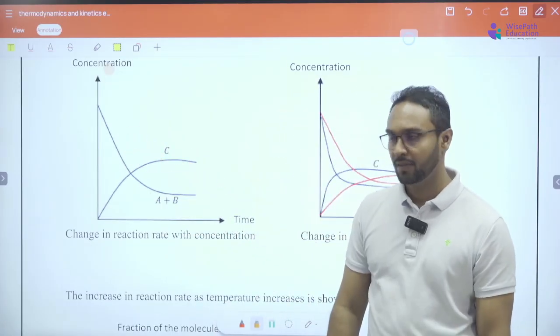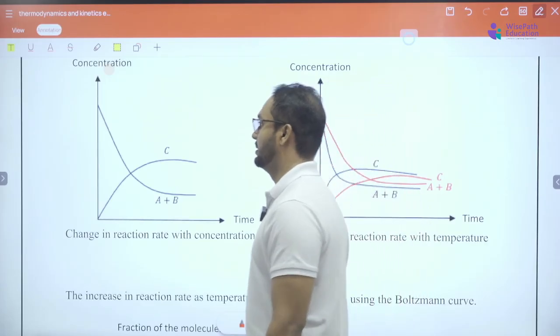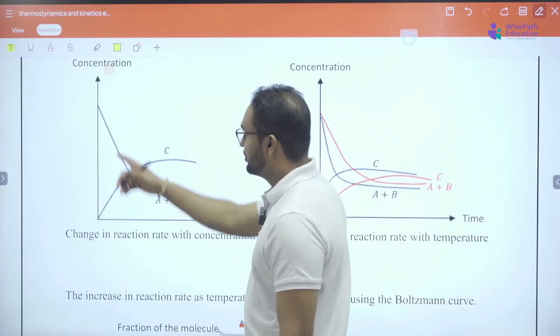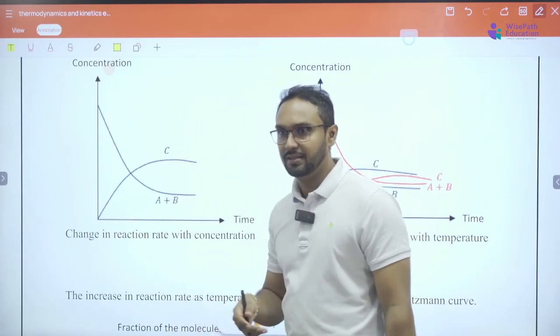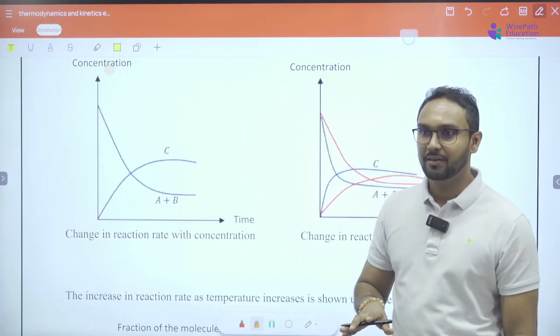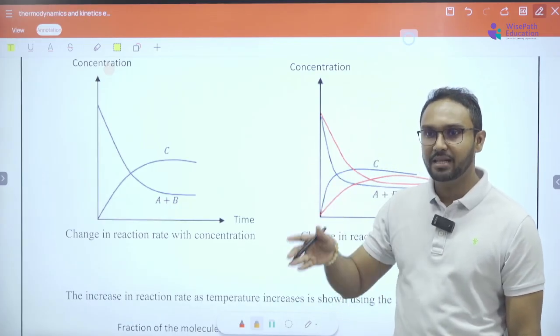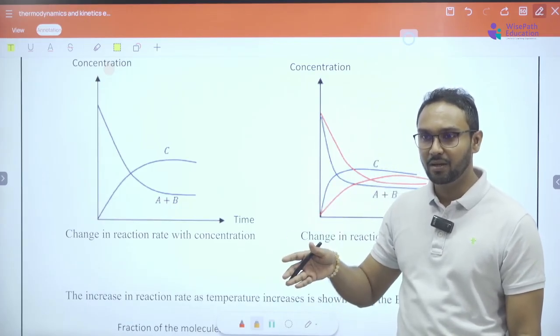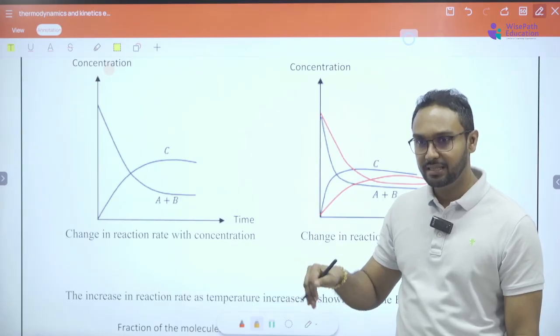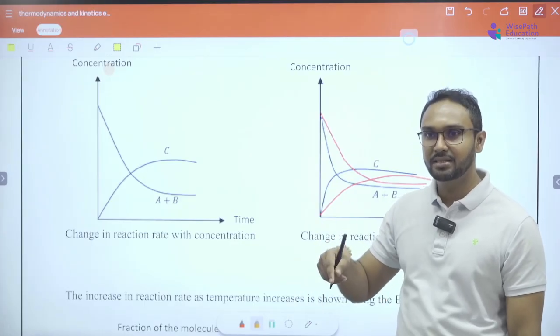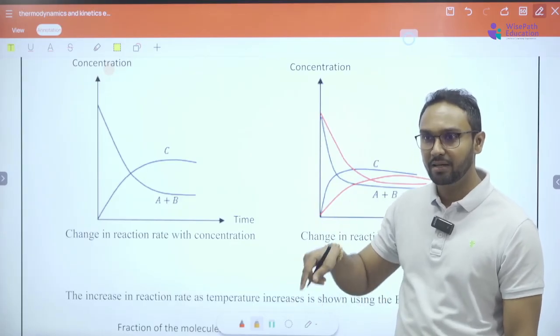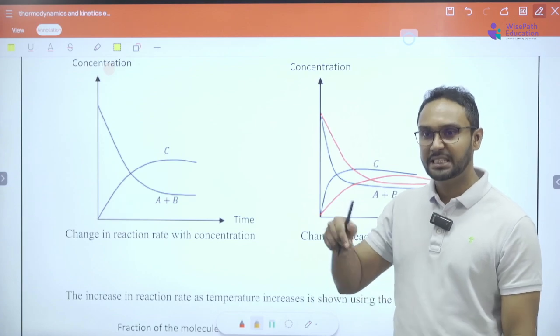Get it? එතකොට now this is the thing. It's a curve, which means the rate of reaction is not a constant value. It has changed. When the concentration is changing, the rate of reaction has also changed.